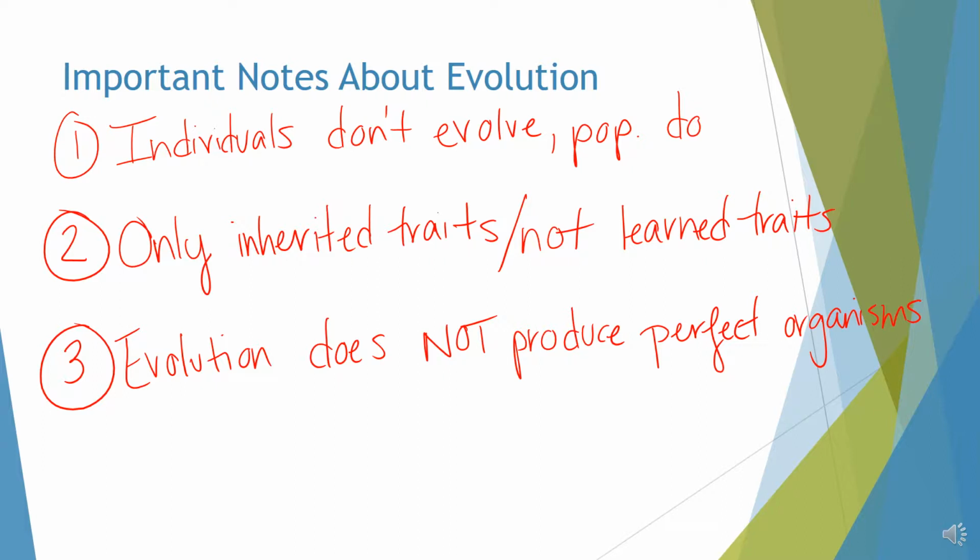It's actually driven by environmental conditions. So that's why we changed the definition of natural selection a little bit to be survival of the fitter rather than survival of the fittest, because it is not going to make perfect organisms.